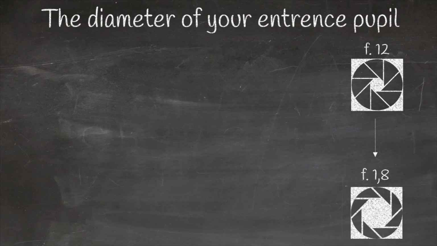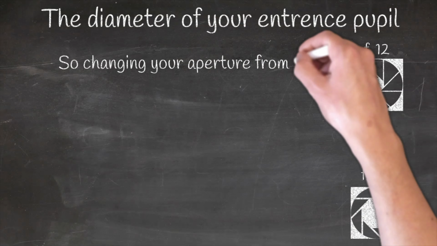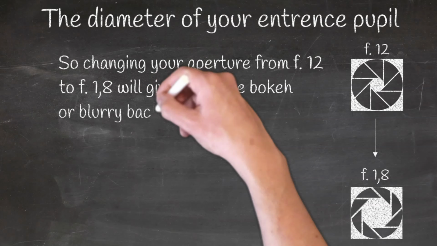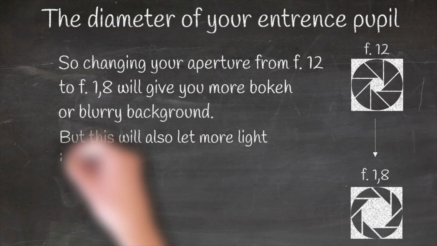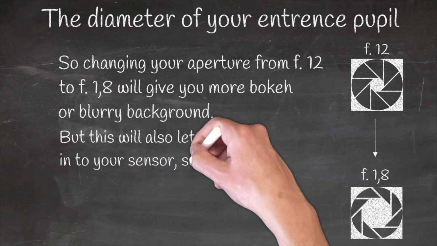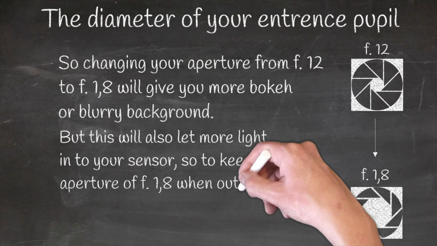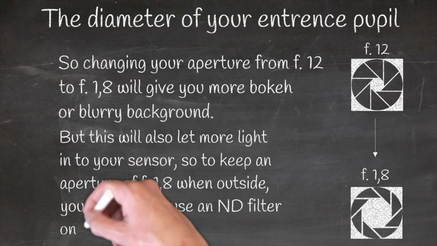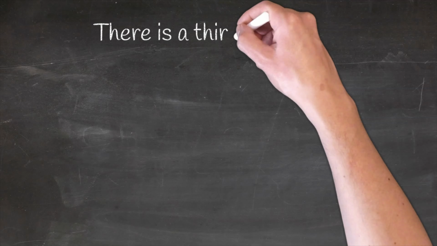So changing your aperture from f12 to f1.8 will give you more bokeh or blurry background. But this will also let more light into your sensor. So to keep an aperture of 1.8 when you're outside, you will need to use an ND filter on your lens.